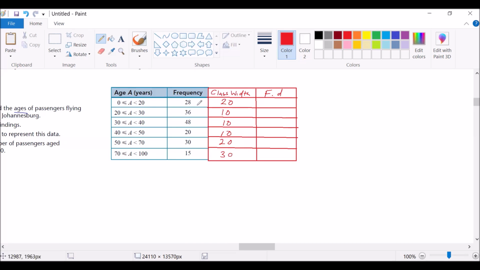Our frequency density now for this first row is 28 over 20, which is 1.4. Then 36 over 10, which is 3.6. 48 over 10, which is 4.8. 20 over 10, which is 2. 30 over 20, which is 1.5. And 15 over 30, which is 0.5.